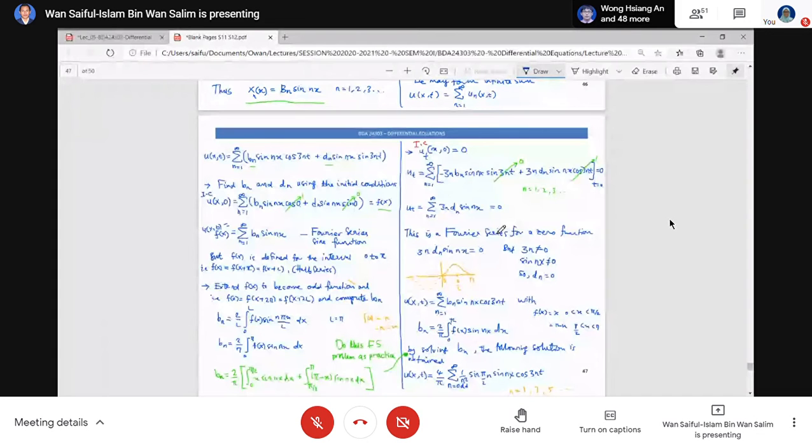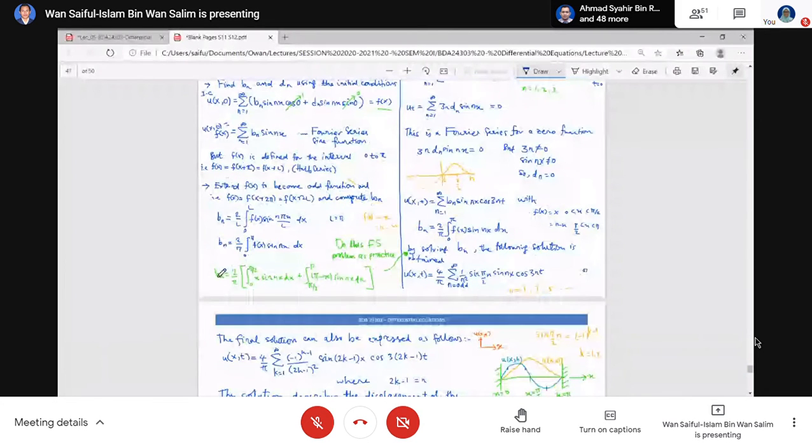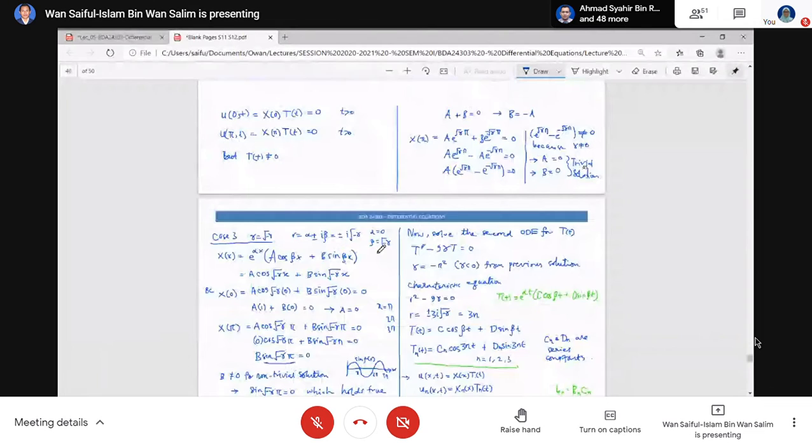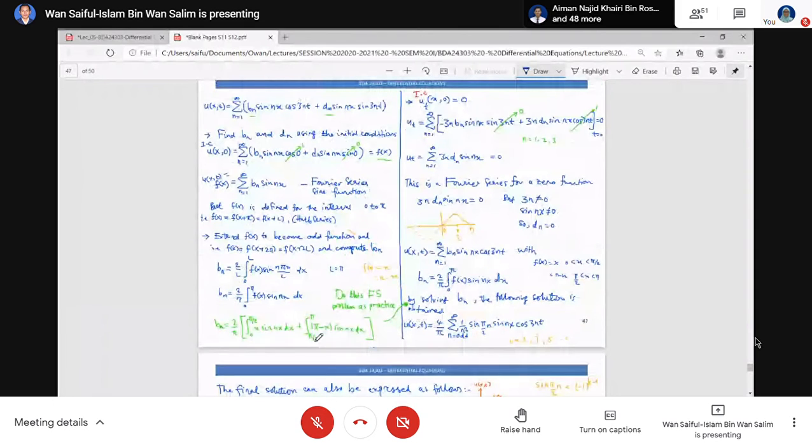Ada soalan? Okay, so yang ini I want you to complete this along with any solution dah ada kan, so you can use ini and complete also this. Okay, saya nak buat ni practice finding this. This can be a useful exercise for you for Fourier series. Okay, so it's a useful Fourier series practice.